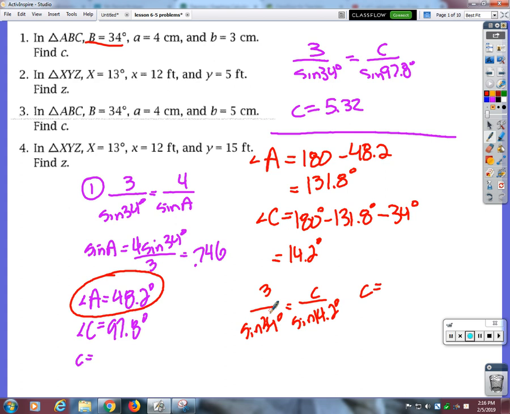I also had to subtract angle A to find out what the last angle was, angle C. They add up to 180, right? So if I know two angles and I want to find the third one, I subtract the two angles that I know from 180. Yes, that's angle A, like the second one. Let's put a little 2 there so we know.